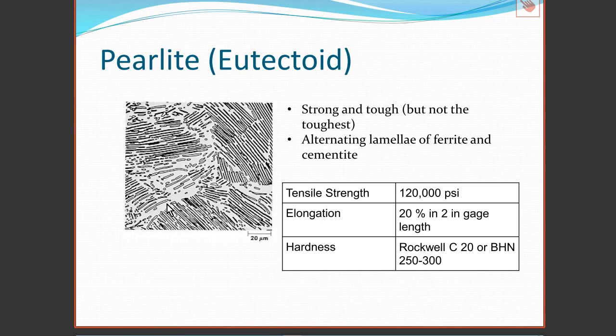Here's a micrograph of pearlite, and you can see the white areas are ferrite, the dark areas are cementite. You can see they form lamellae. These are very fine, alternating layers of hard ceramic and ductile, soft ferrite.